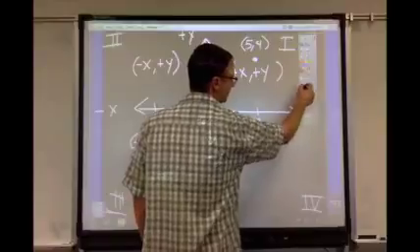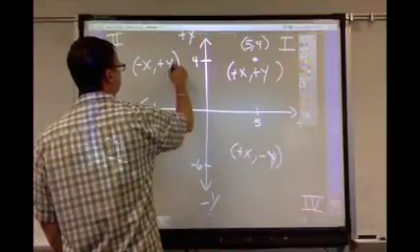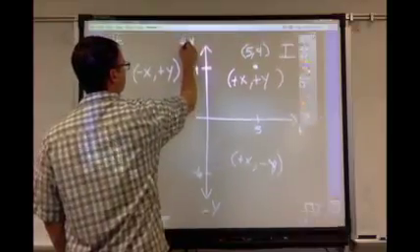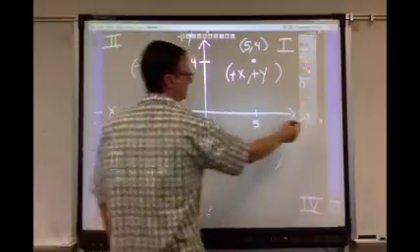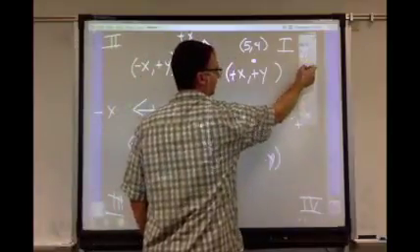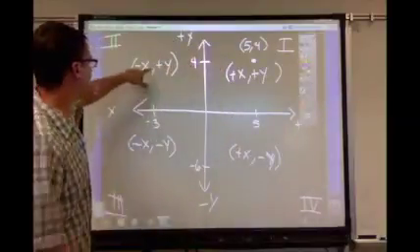Well, what happens if I take, I'm going to do a different color so you can see it. What happens if I take this 4 and this negative 3?